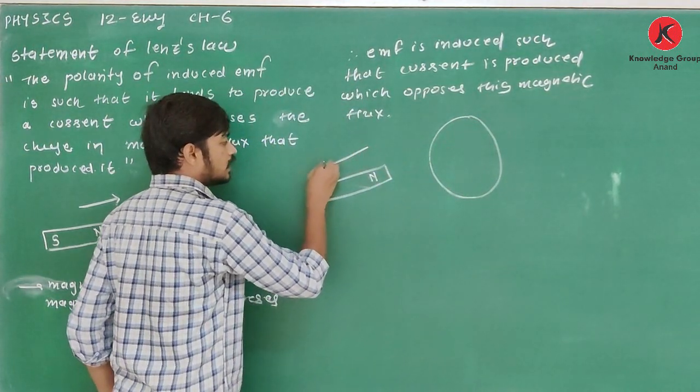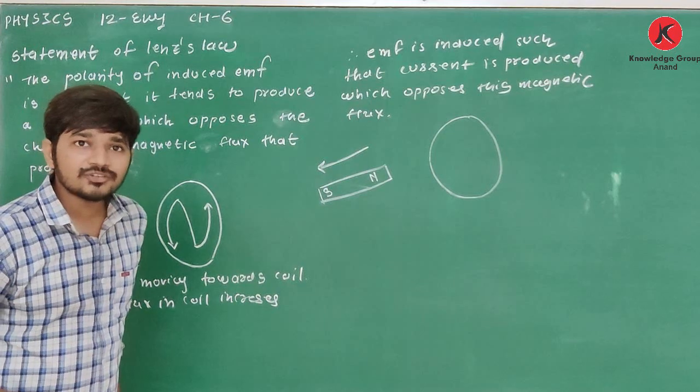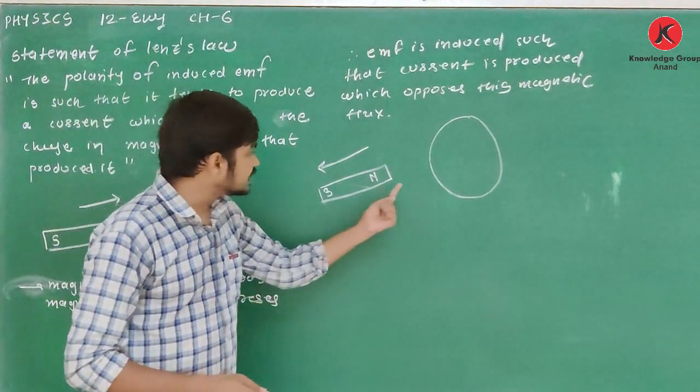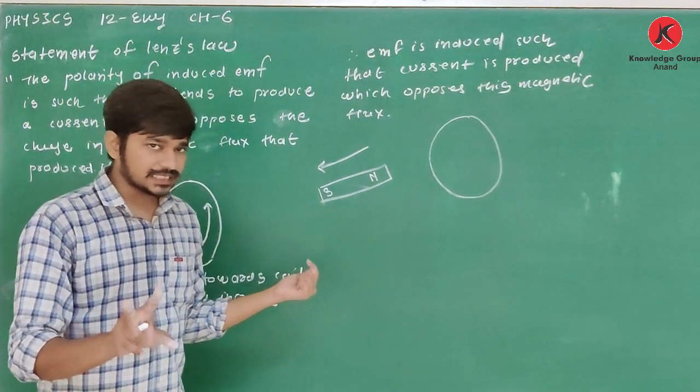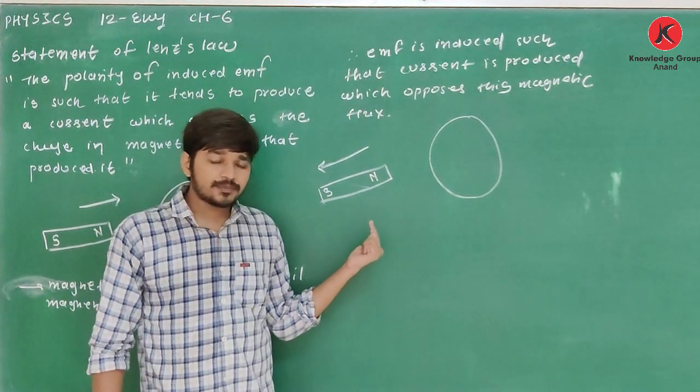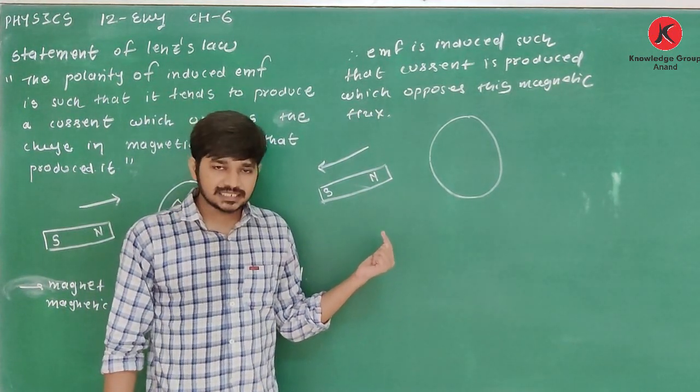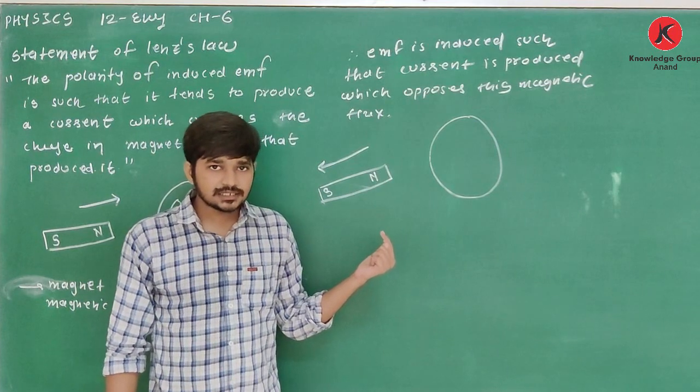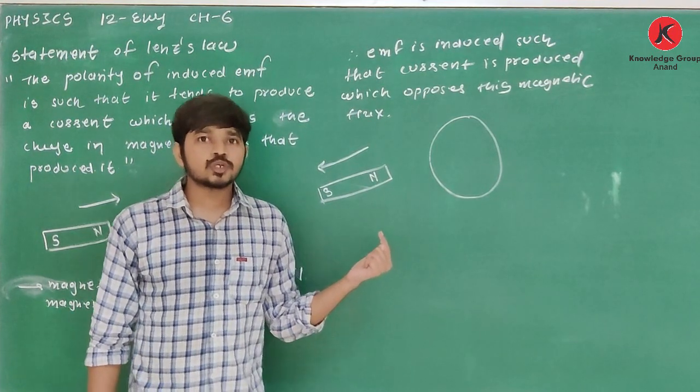Similarly, if it is a magnet with south pole and north pole, and this is the coil, now the magnet is moving away. Means distance increases. It is the second case. Away means distance increases, magnetic field decreases. Yes or no? So magnetic flux also decreases.